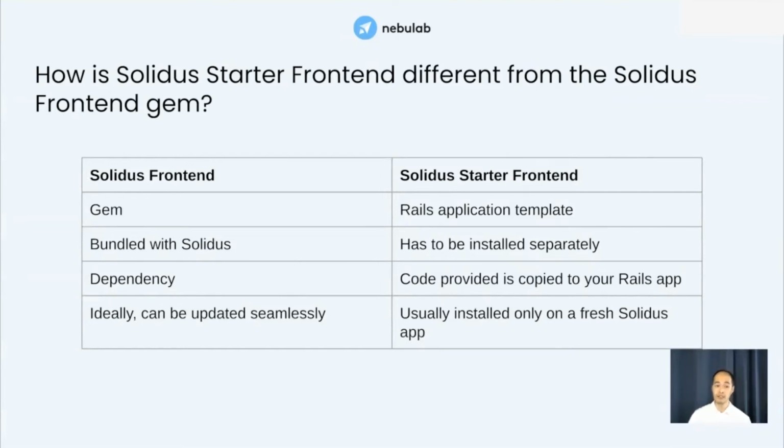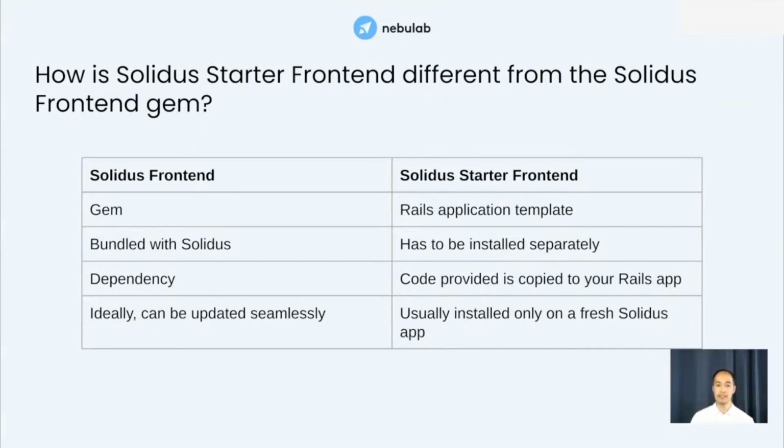As such, when you install Solidus, Solidus Frontend becomes a dependency of your application. Ideally, that means that if we update Solidus Frontend, you can just update the version number of the gem in your Gemfile, and it would be updated seamlessly. However, as we'll see later, for most stores, that's not the case.